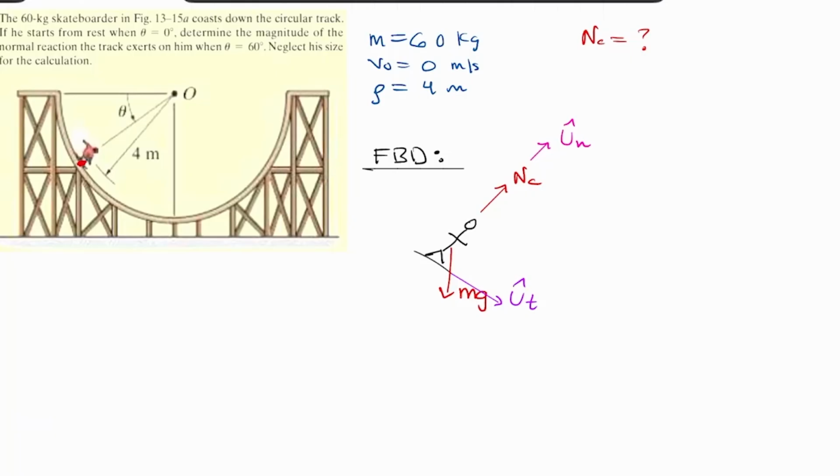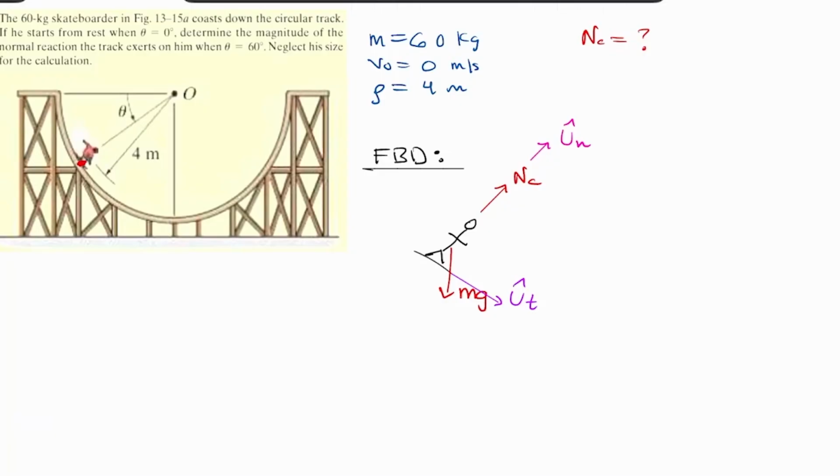So notice we have to break some of these into their angles. Because this guy is about 60 degrees down, this will be a zero line. So this is 60 right there. For example, the normal we don't have to break, but the weight we do have to break into its components.